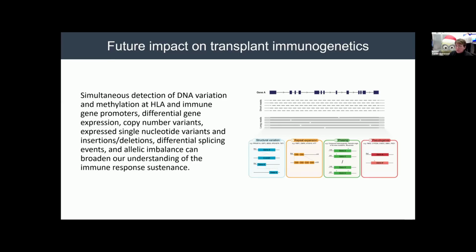We can identify single nucleotide variants, expressed or otherwise, insertions and deletions that alter the expression of the HLA variants, and look in RNA at differential splice events and allelic imbalance. All of these things are possible on a single platform now, which will allow us to broaden our understanding of the immune response.